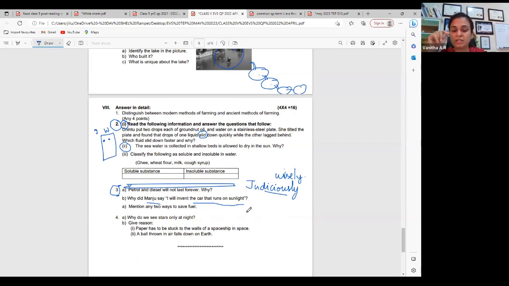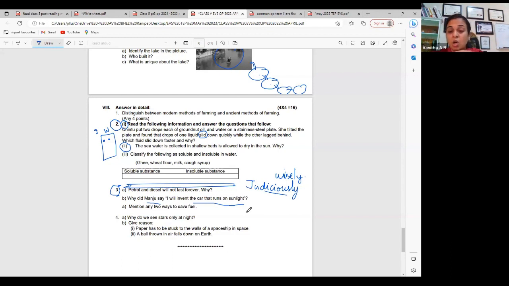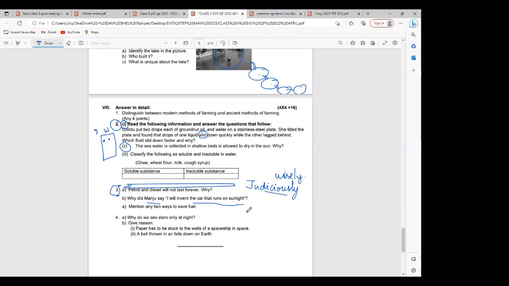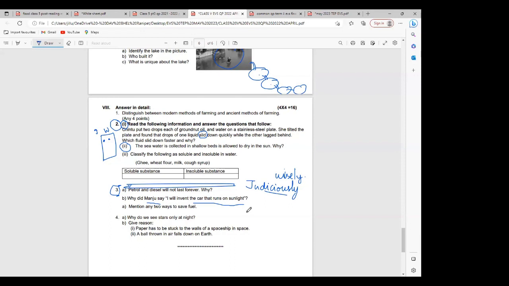Anything the child can write in context. Another one: she is finding an alternative way to petrol or diesel. Yes, ma'am, it is an alternative way. Or the question can start like this also: write an alternative way or a substitute for petrol and diesel in future years if this gets over. So they can go for solar. Even now we have EV vehicles, chargeable vehicles which run on electricity. Battery scooter, yes.